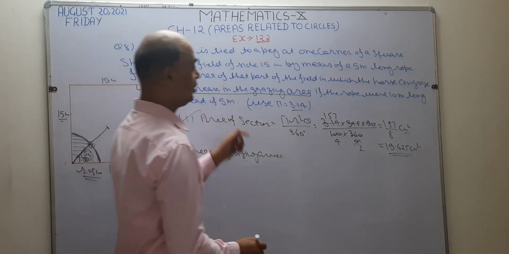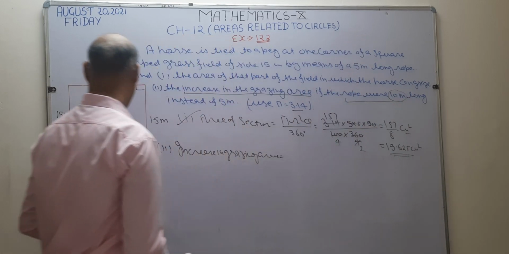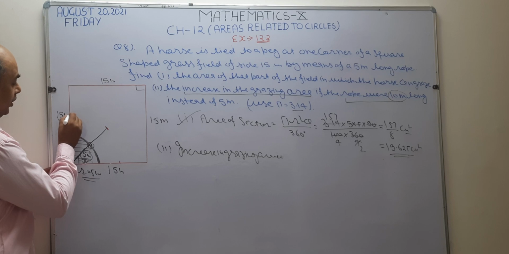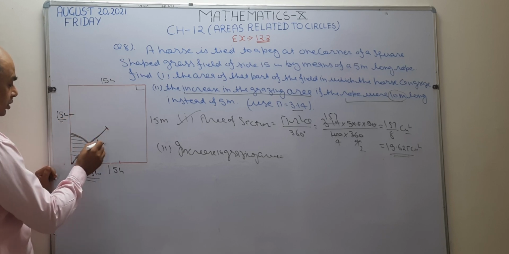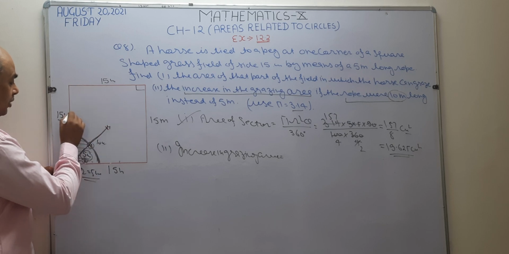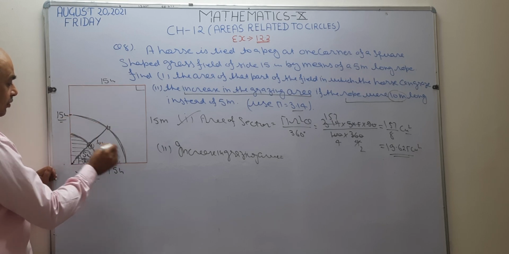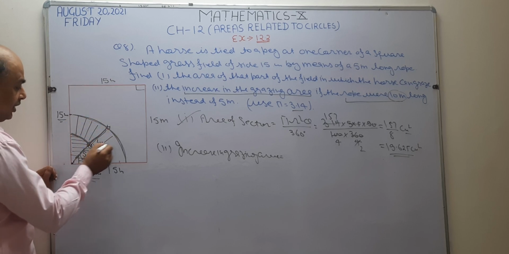Now in the second case, the length of the rope becomes 10 meter. Then this horse will start moving forward. Now in the next time, this area is going to be grazed by the horse.